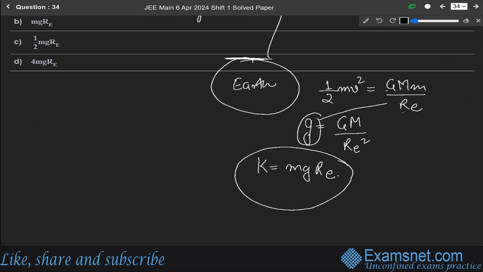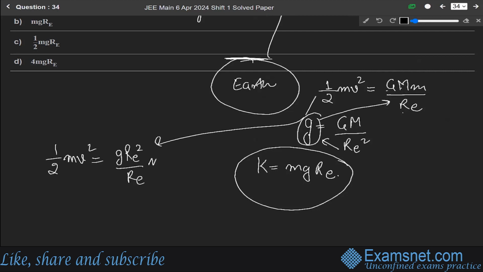We can simplify it like this: half mv square will be equal to GM, which means g RE square, so in place of GM we write g RE square over RE into m. This RE cancels out, and this will become mv square is equal to 2g into m into RE.